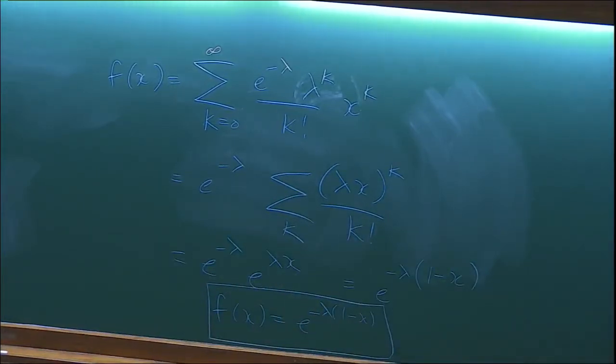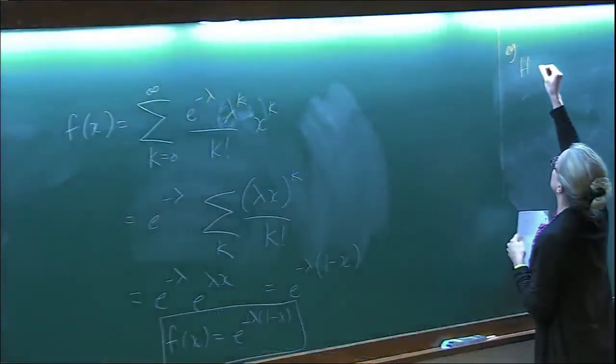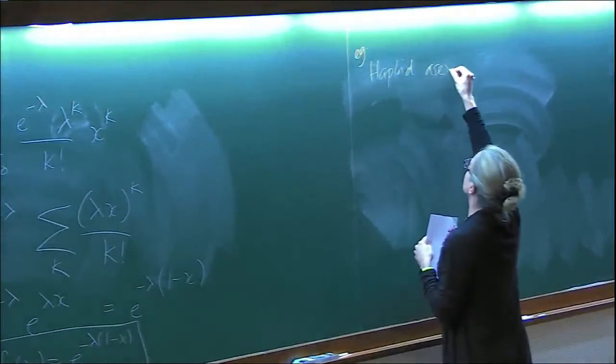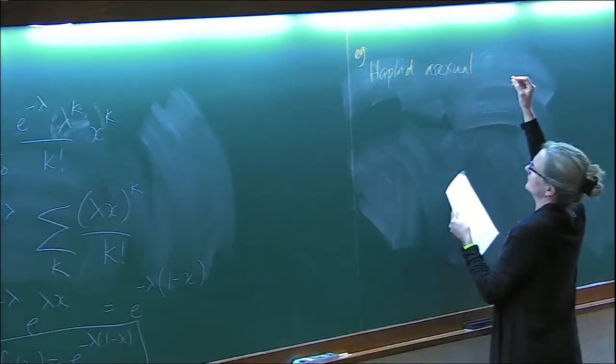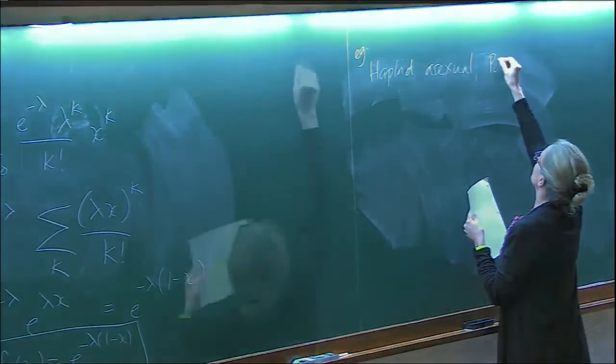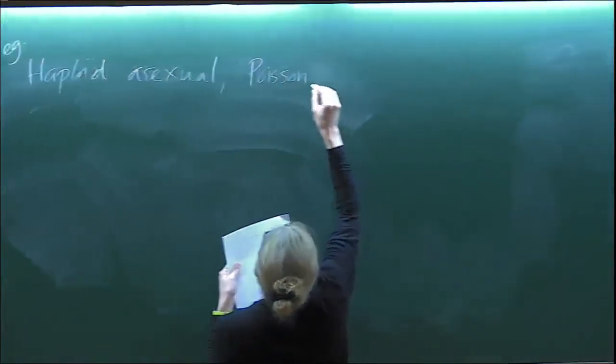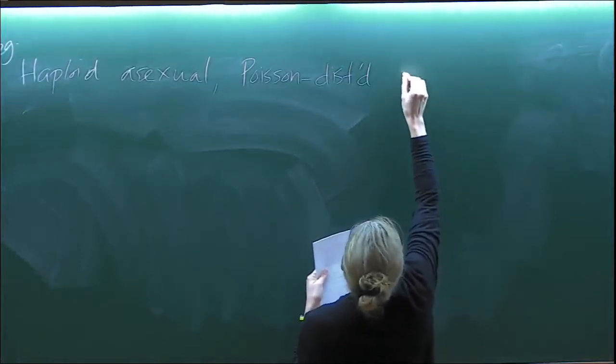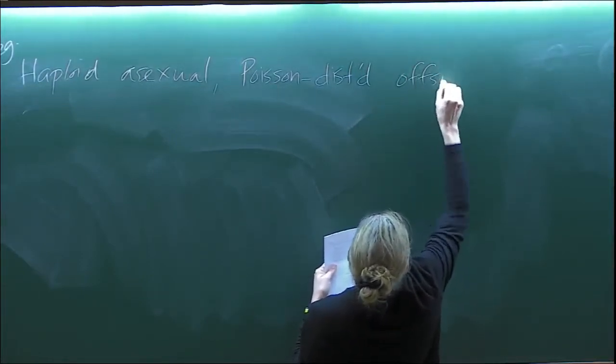So I'll take the simplest possible model again to look at extinction. Maybe not the simplest possible, but the simplest realistic model. So haploid, asexuals, but because it's mathematically simple, not because it's biologically reasonable, we will use Poisson distributed offspring.